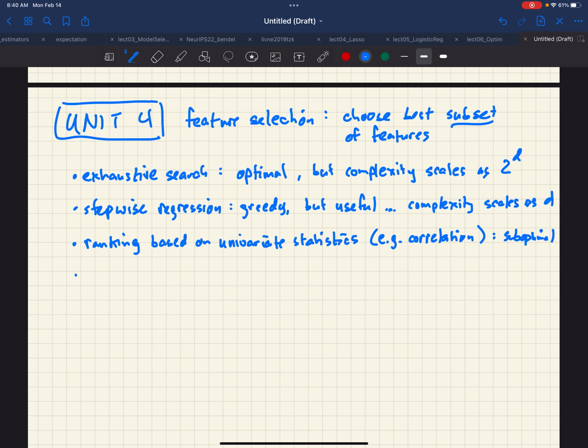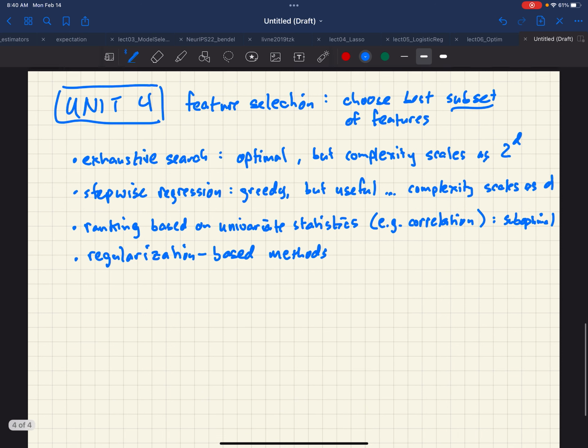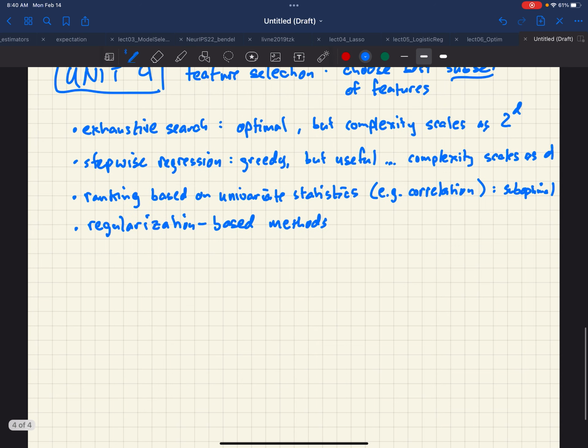And then we have the regularization-based methods, which we spent most of our time discussing. So one approach, let's say the main one for feature selection we talked about, is lasso.